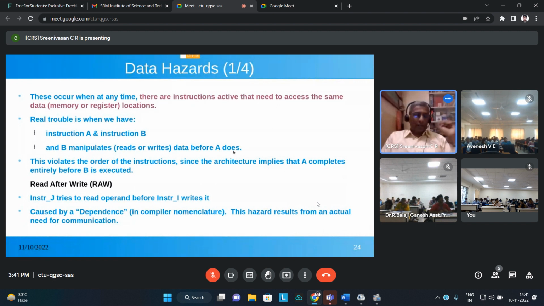Let's say one person has already occupied a computer and is working on a program, but another person, a little more hefty, has taken a good lunch, and wants to come and bulldoze his friend who is sitting there. 'I have come, now you get up,' right? That is not possible. This is just an example, don't take me wrong, guys. So this violates the order and creates a dependency, which in compiler nomenclature is called a dependency. This hazard can again be avoided through programming.